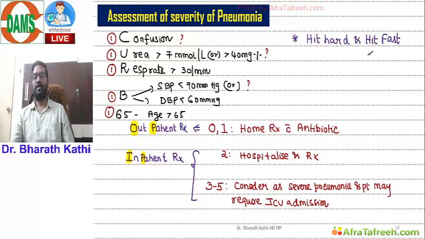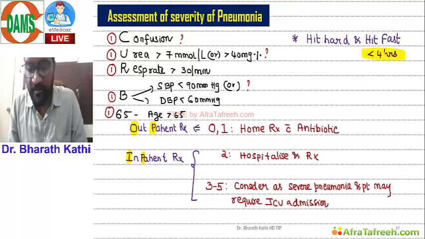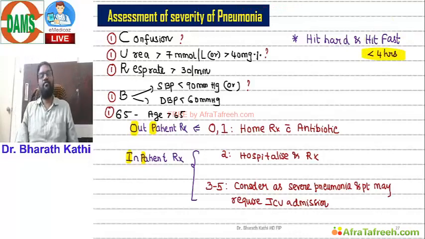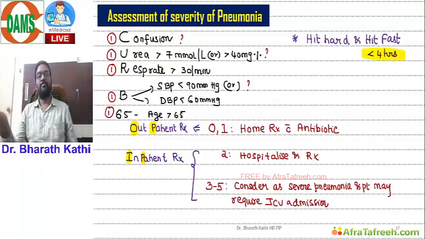So hit hard and hit fast within 4 hours. Within 4 hours of hospitalization, if you give antibiotics, patient will have good response. You will not get any investigation within 4 hours because culture will take at least 24 to 48 hours.